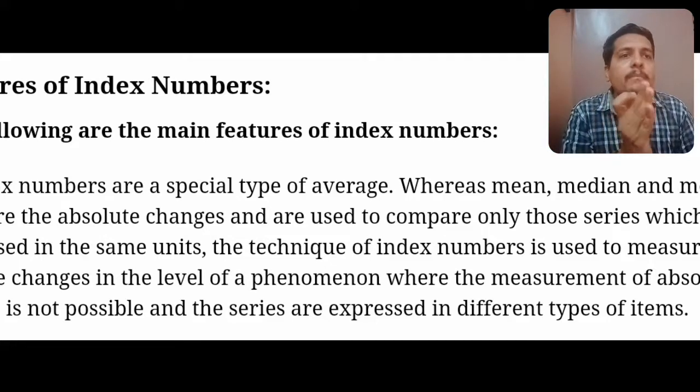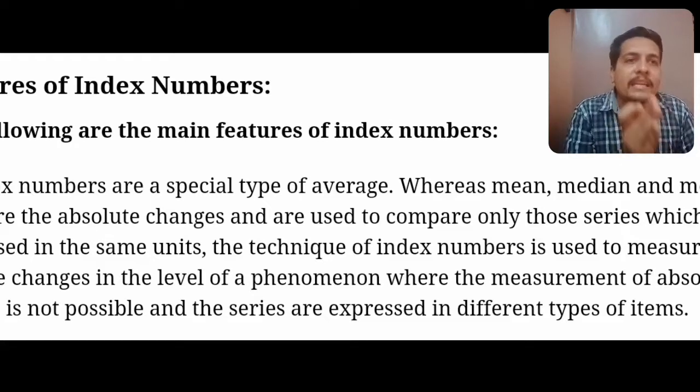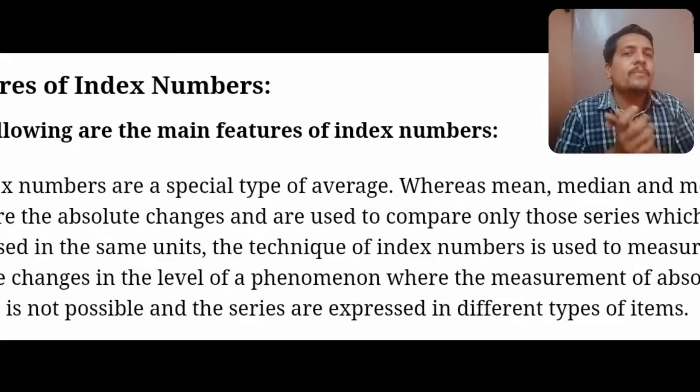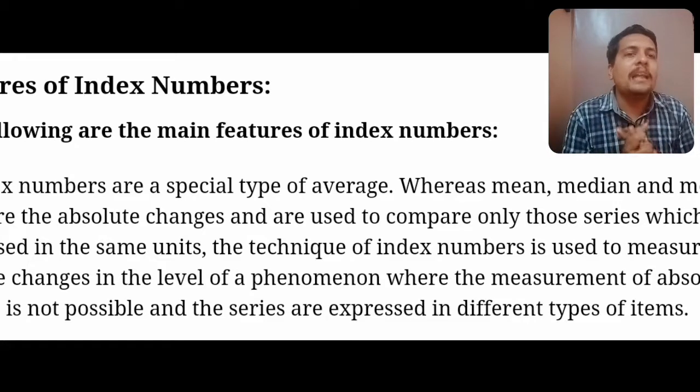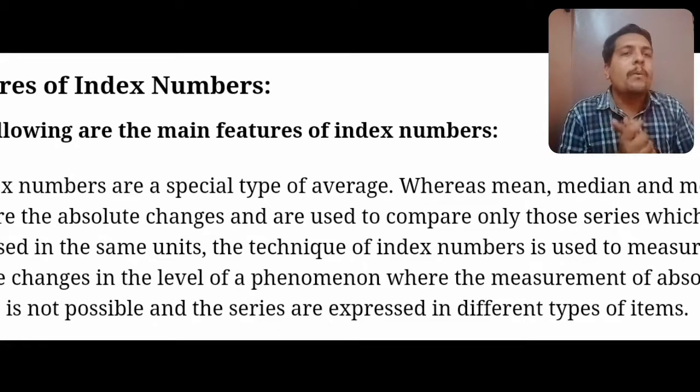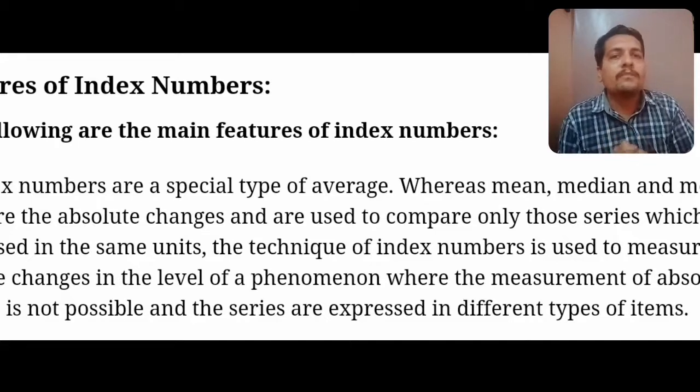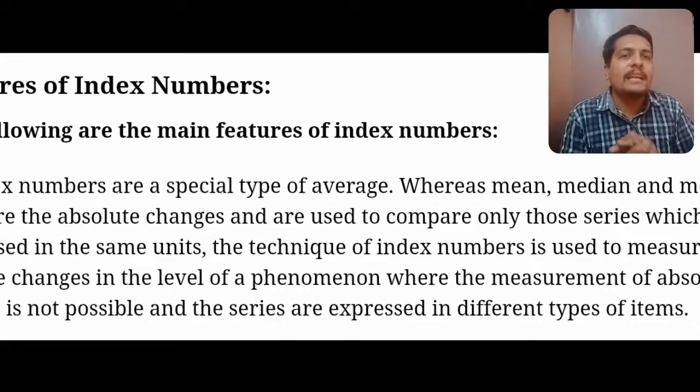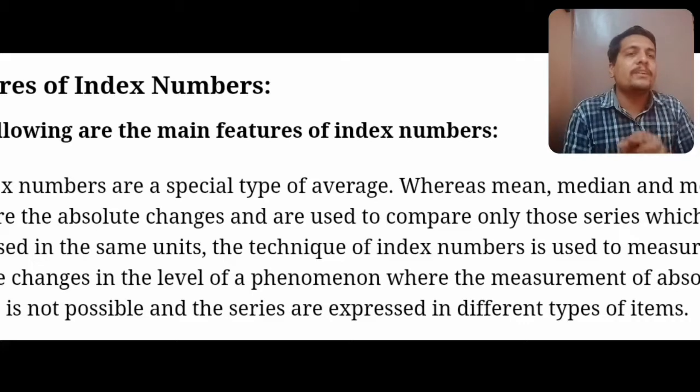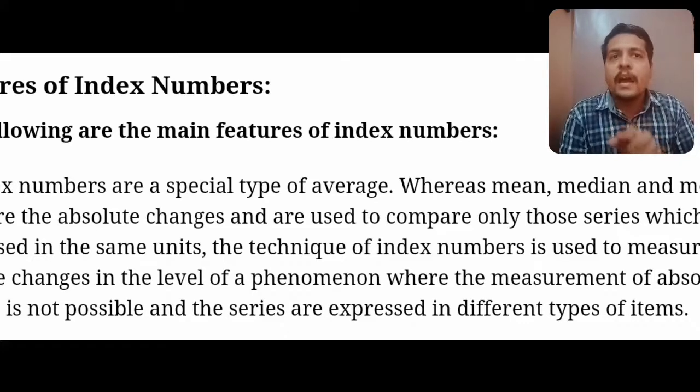Whereas mean, median and mode measure the absolute change and compare only those series which are expressed in the same unit, the technique of index number is used to measure the relative change in the level of a phenomenon where the measurement of absolute change is not possible and the series are expressed in different types and different items.